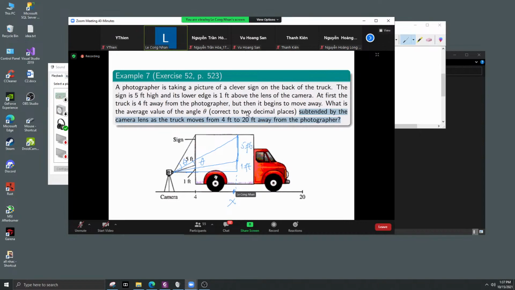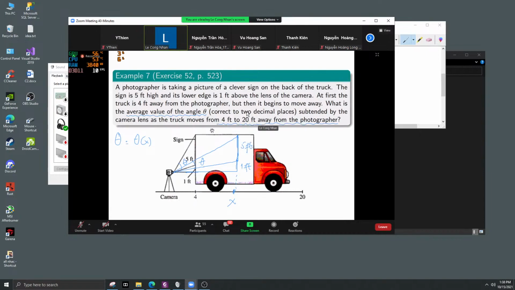Okay, so how do we compute the angle theta with respect to x? We can compute theta with respect to x first. Okay, so if we find theta with respect to x, then the average value. So what is the average value? The average value of the angle theta when the truck moves from 4 feet to 20 feet away from the photographer.